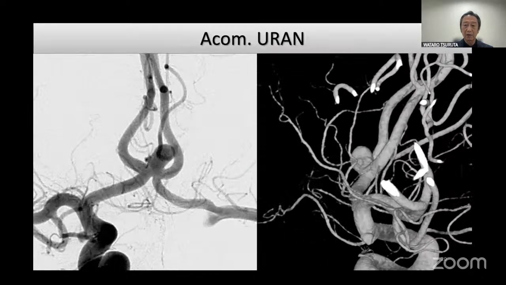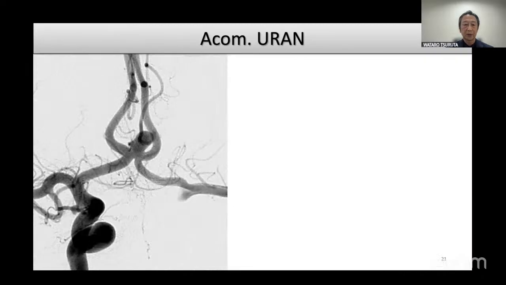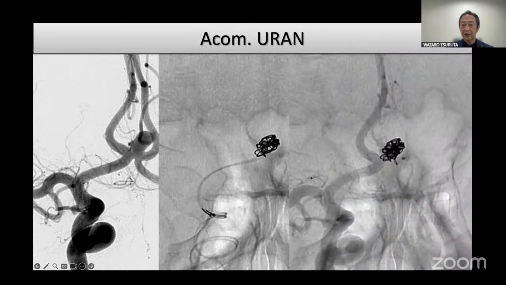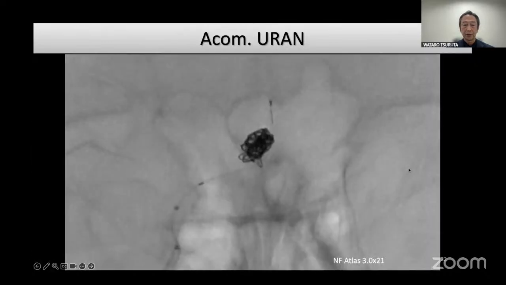This is a common ruptured wide neck aneurysm, and coils were inserted with double catheter technique, and incidentally, one coil loop protruded to the left A2. So I used Neuroform Atlas.